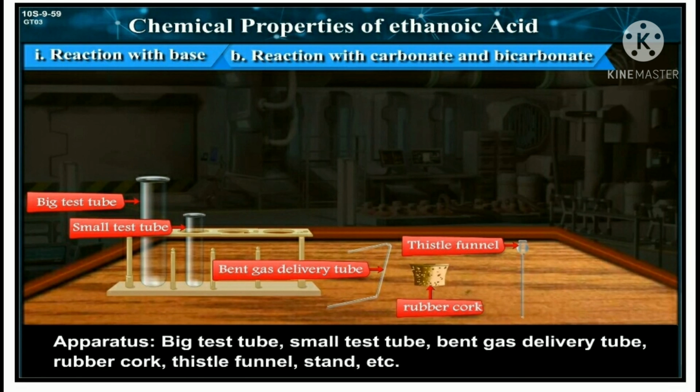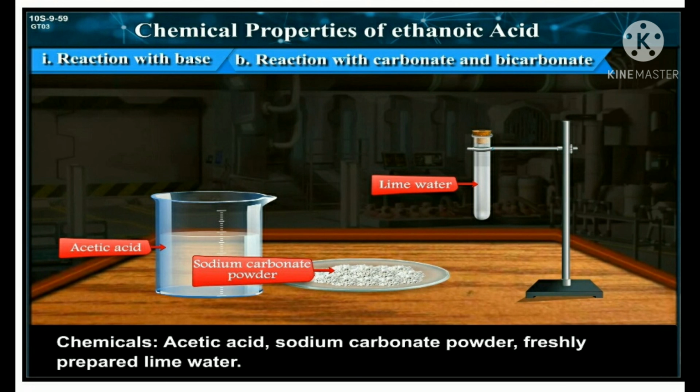For this, one experiment is given. You will need apparatus like a big test tube, small test tube, bent gas delivery tube, rubber cork, thistle funnel, stand, etc. Chemicals: acetic acid, sodium carbonate powder, freshly prepared lime water.